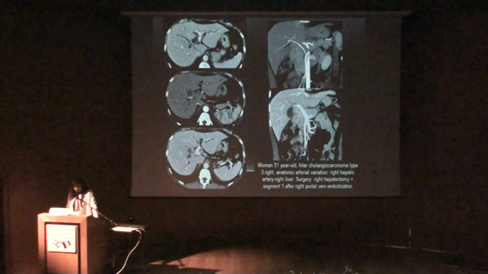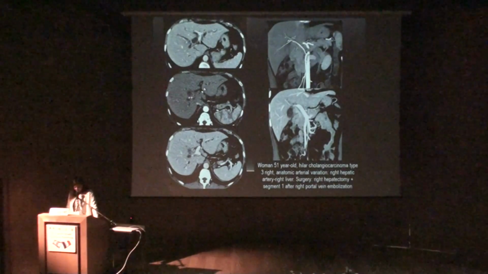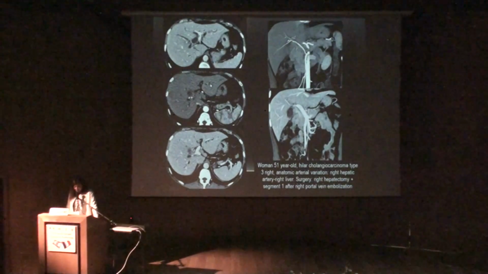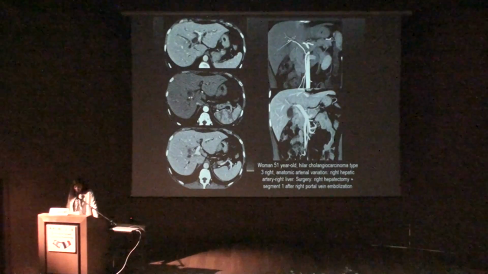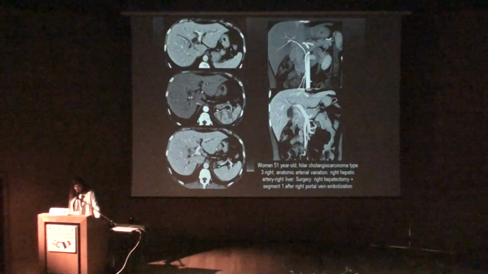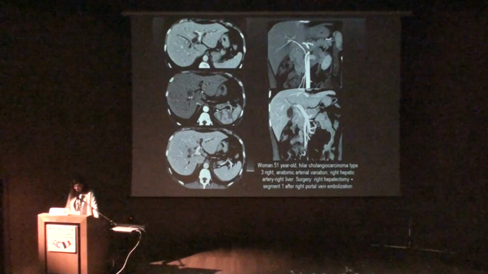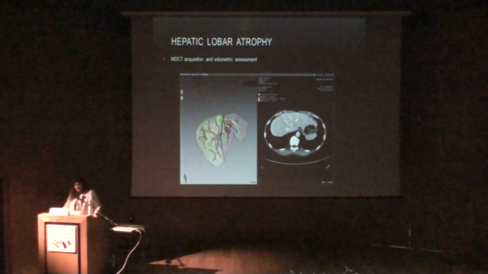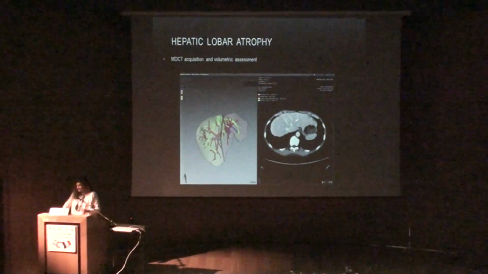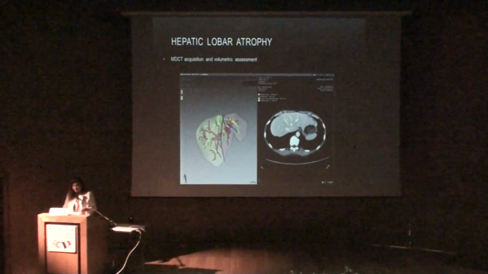So you prepare your patient, of course, because the left lobe here is small. You do a right portal vein embolization. This lobe is going to grow, and after that you can do the right hepatectomy and treat the patient. So MDCT is used also for the estimation of the lobar atrophy.